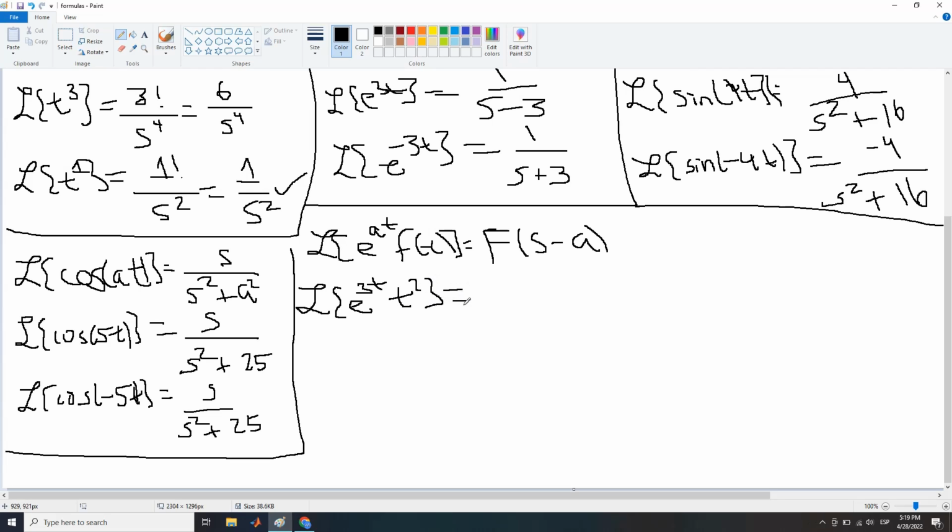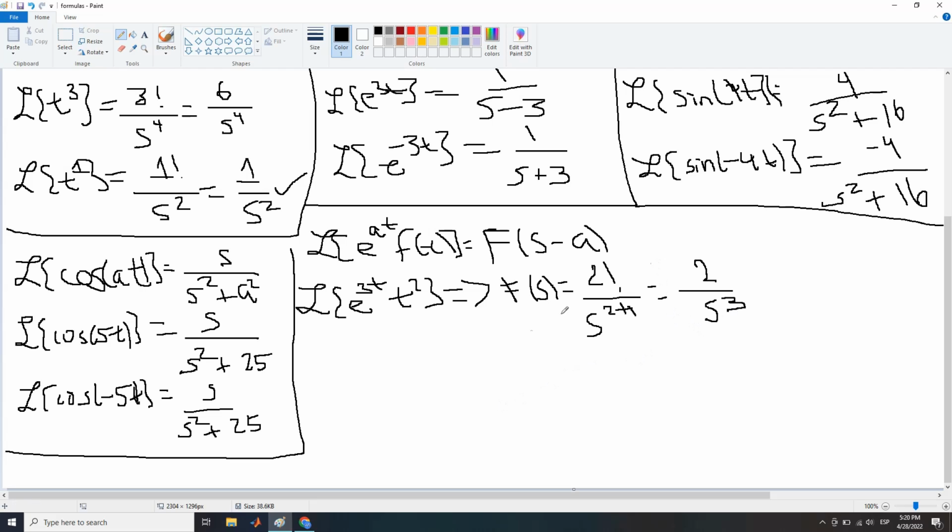so this would be equal to, first of all, we have to calculate the Laplace transform of t squared. So the Laplace transform of t squared will be equal to 2 factorial over s to the power of 2 plus 1. This will be equal to 2 over s to the power of 3.